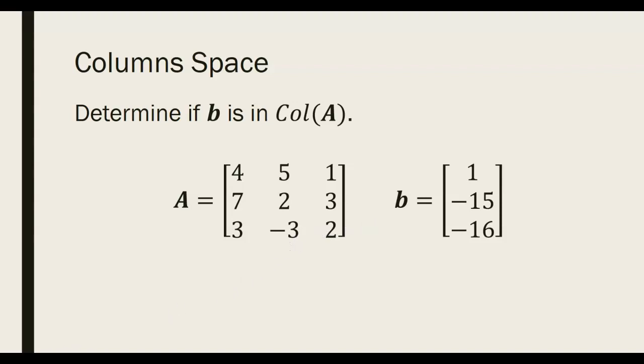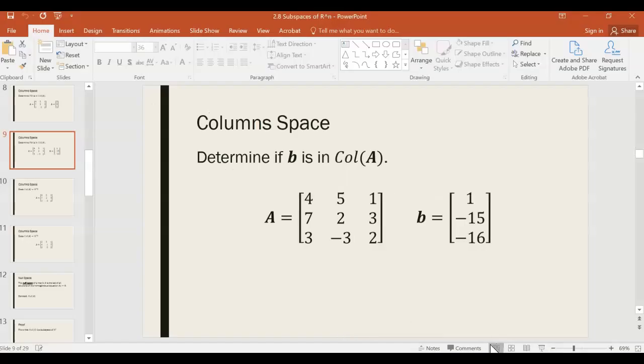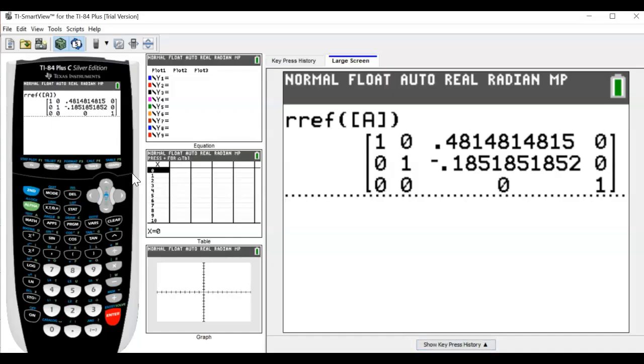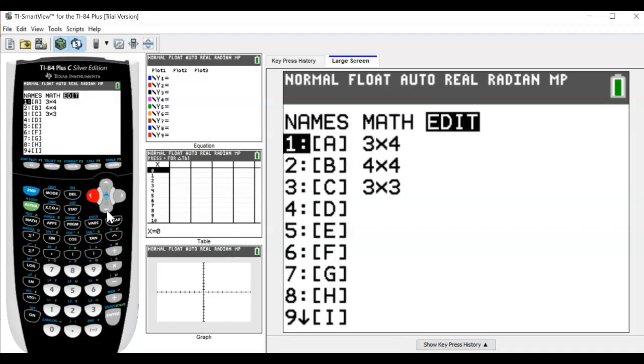All right, hopefully you went ahead and did that. If you did that, I can just go back and change my matrix just slightly.